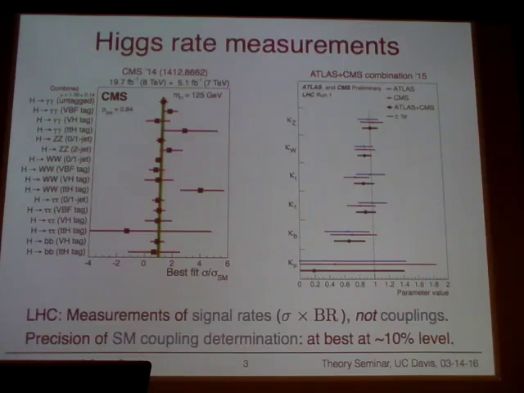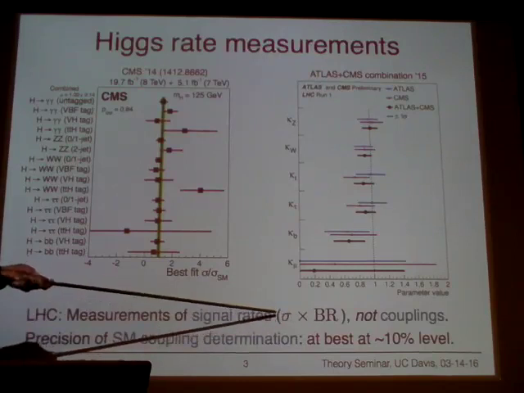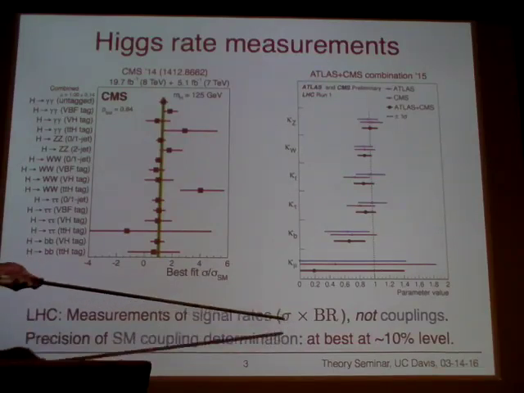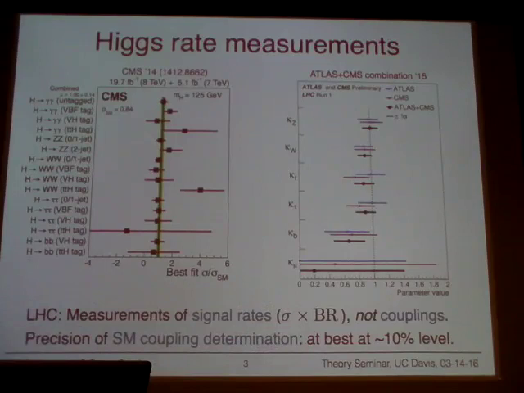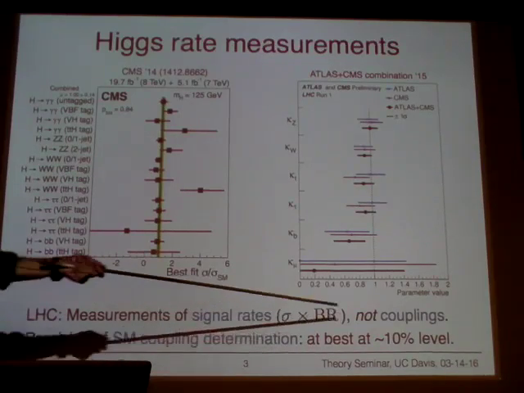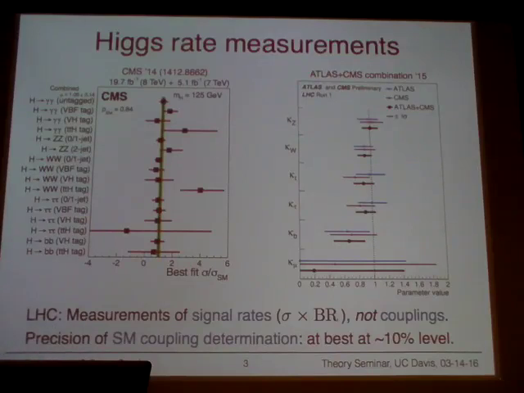One has to keep in mind that the LHC can only measure signal rates, which is the product of the production cross-section times the branching ratio. If you want to infer information on the couplings, you have to make additional model assumptions, because you cannot directly measure the total width of the Higgs boson. In the standard model, it's simply too small to see experimentally at the LHC.